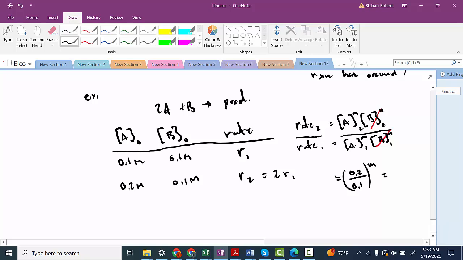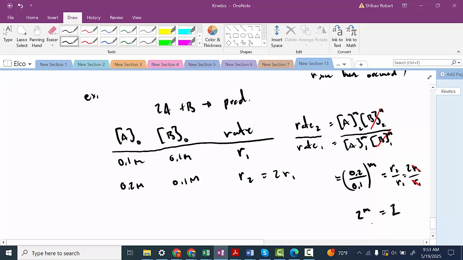And this is going to equal R2 over R1, but R2 is 2 times R1, and therefore the R1s cancel out as well, like that. And so we end up simplifying this. This is going to come out to 2 to the M is equal to 2.